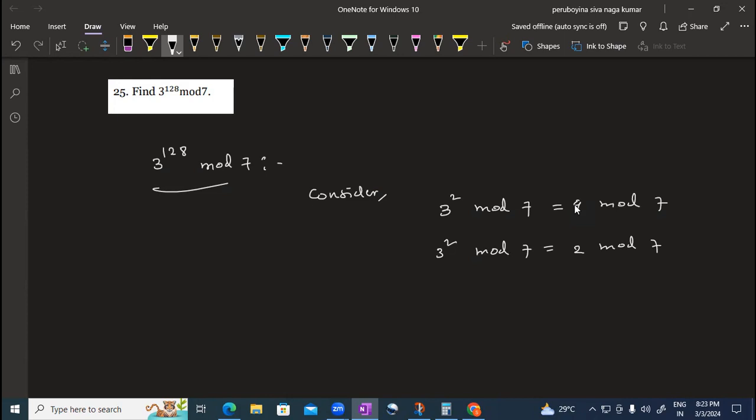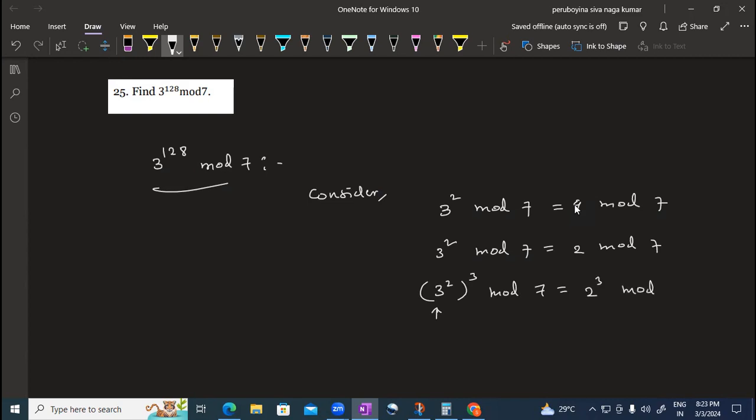Next, again we will do a whole cube, cube meaning 2 power 3, which is 8. So 3 square whole cube we are doing mod 7. On both sides, this will be cubed.